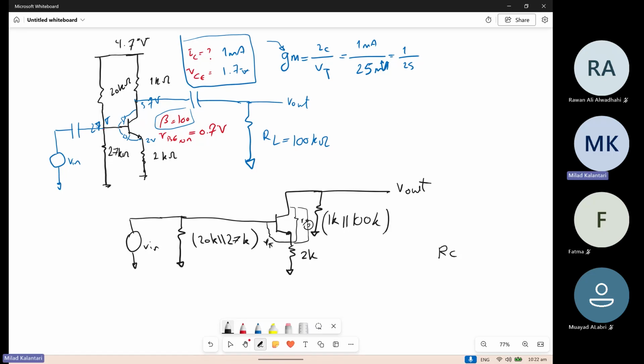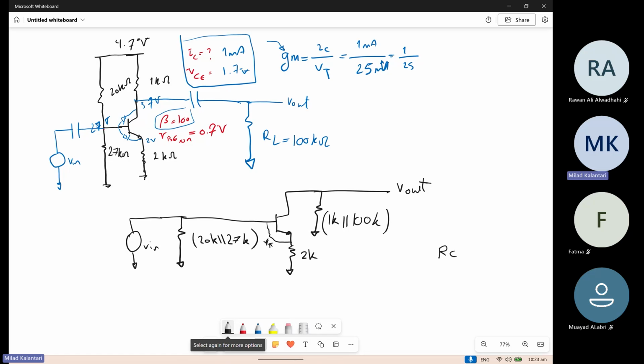So we don't need to consider this R out at the moment. It makes it a little bit more simplified. Parallel with the 27K, parallel with the R pi, and all of them in series with the 2K.